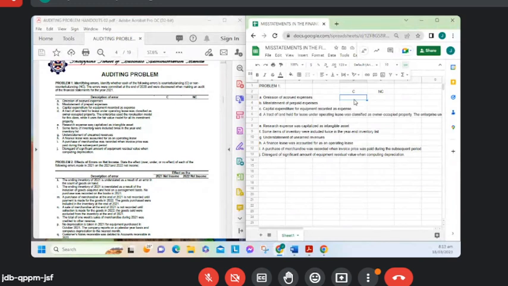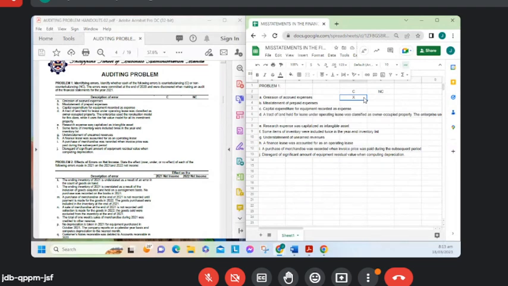So this kind of error is considered a counterbalancing error, because the company will be creating an adjustment in the subsequent period. So let's say, for example, in 2021, the company will create that entry.